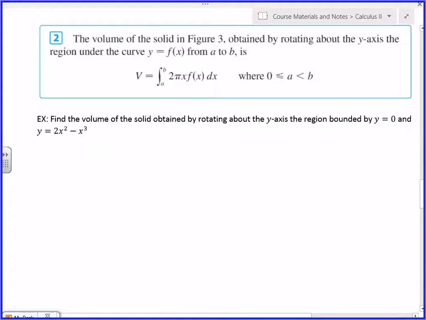So let's go back and find the volume of the solid we were looking at before, using now our new method of cylindrical shells instead of using the washer method. Okay, so remember the picture looks like this.